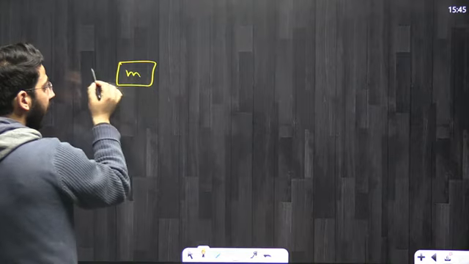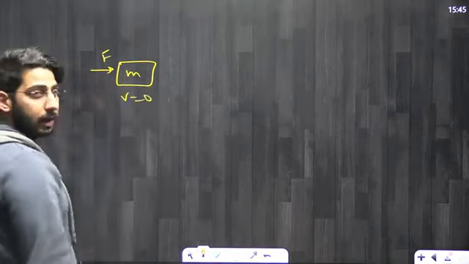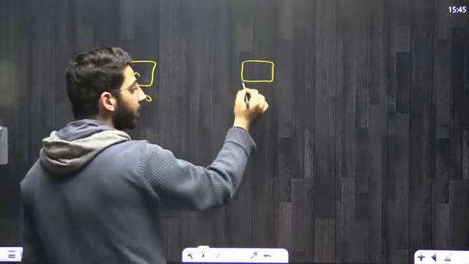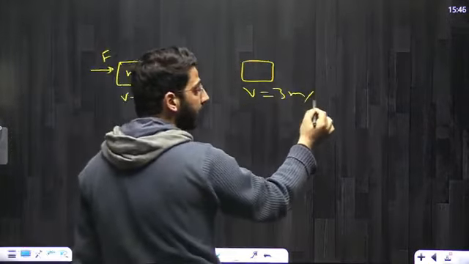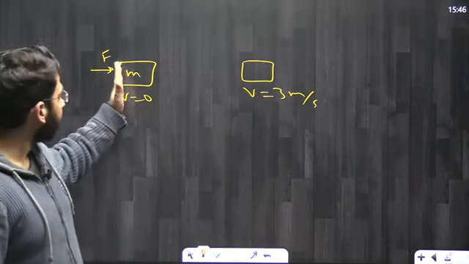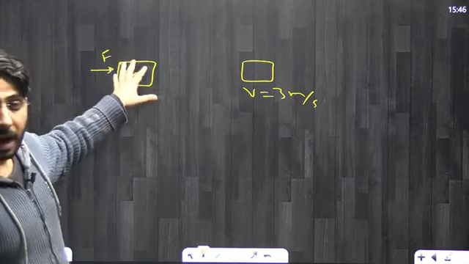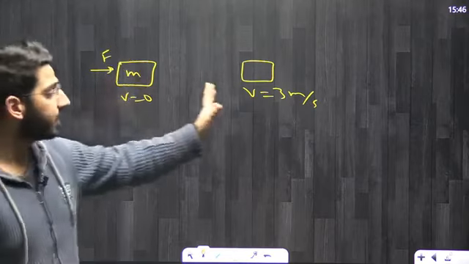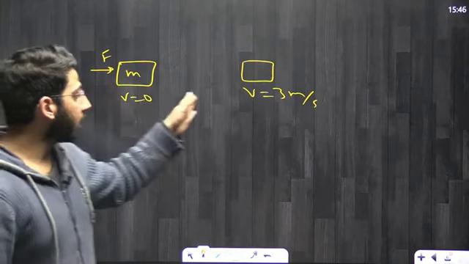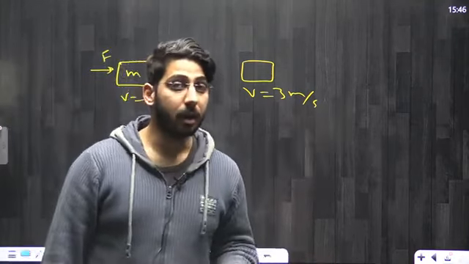For example, if there is a mass m and I apply a force F on it, initial velocity was 0, and after some time the velocity becomes 3 meter per second. While I was applying the force, the body was under the influence of the force, and it took some time to change its velocity from 0 to 3 meter per second. So what actually happened?